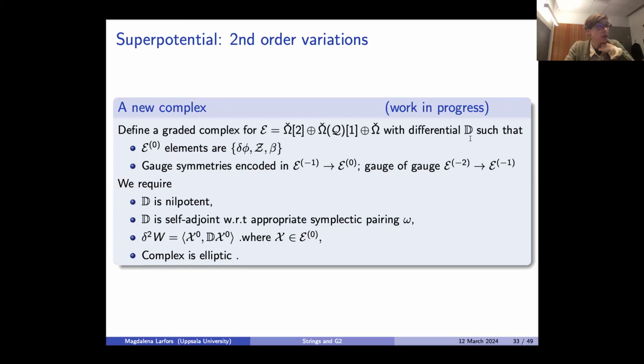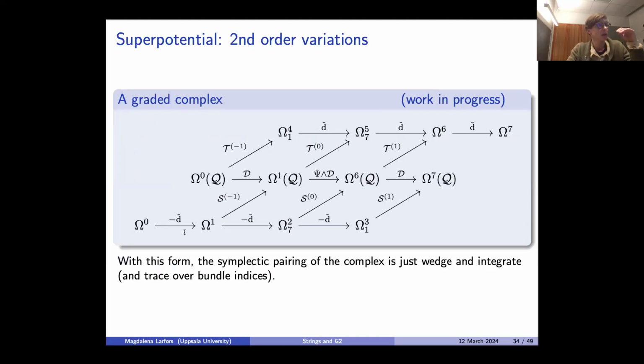It has a differential D, which is nilpotent and self-adjoint with respect to a symplectic pairing. We can write the superpotential in terms of this symplectic pairing in this way here, and this will give us an elliptic complex which has this stratification.